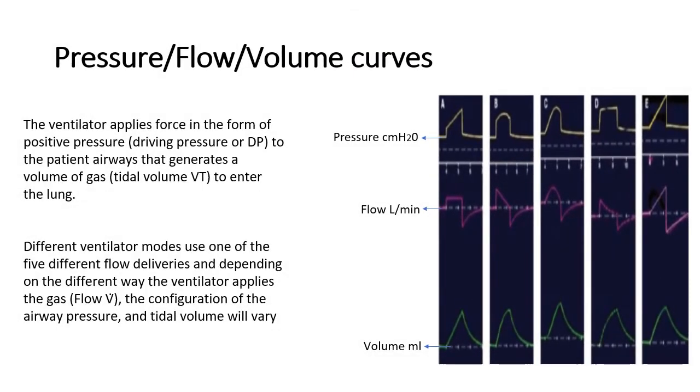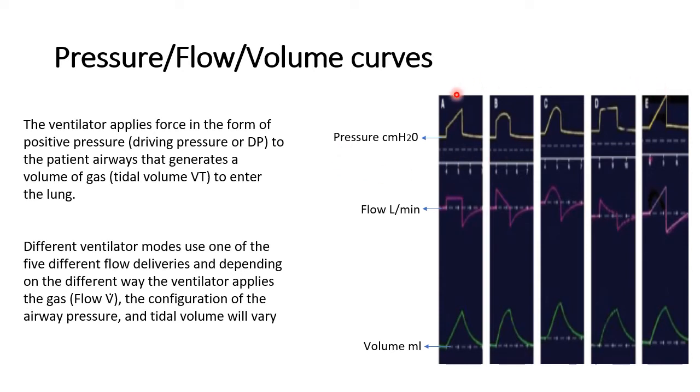One important aspect of mechanical ventilation is monitoring, and new generation ventilators give us lots of curves, either against time or against each other in the form of loops. So in this example, we're going to talk about the pressure, flow, and volume curves against time.